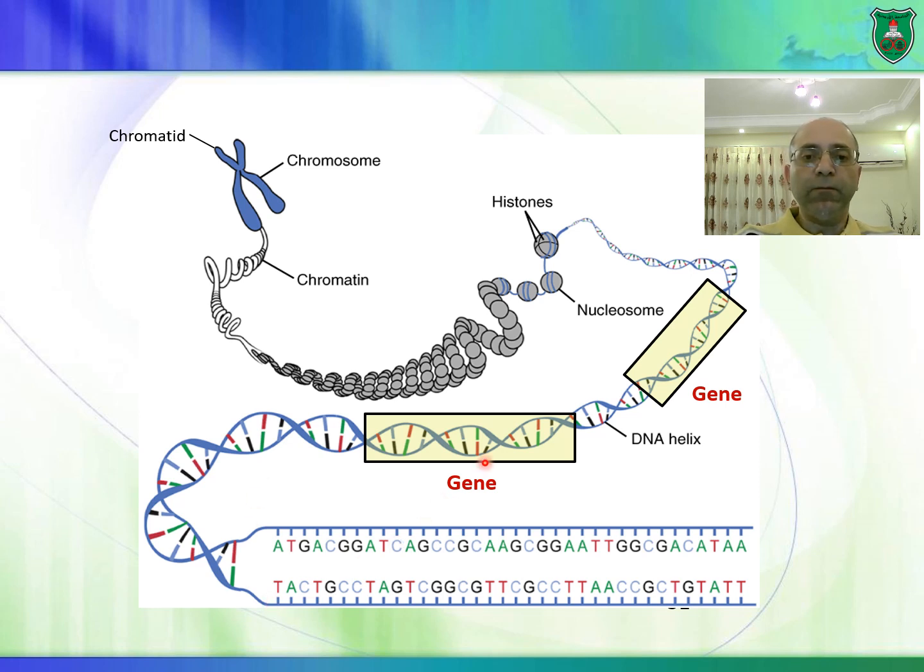So a gene is located on the DNA molecule, and the DNA molecule is associated with histones forming nucleosomes, and you have nucleosomes wrapped around each other forming a chromatin structure, and this chromatin structure is part of a chromosome. And the chromosome can be made of just one chromatid or two chromatids. Okay, a chromosome and its sister chromatid.